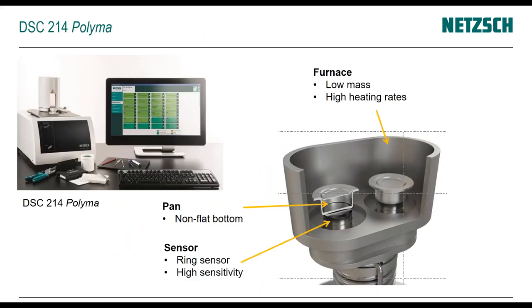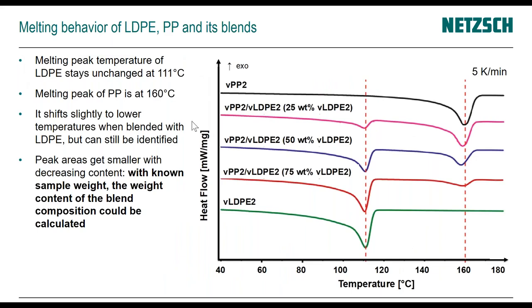We used again a DSC 214 Polyma because it's a very fast instrument and very suitable for polymer analysis. I'm not showing you every DSC curve that we measured. I'm showing you the key messages that you can take away.